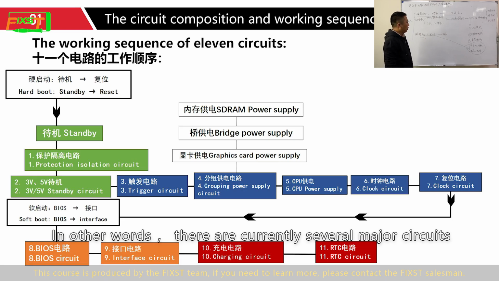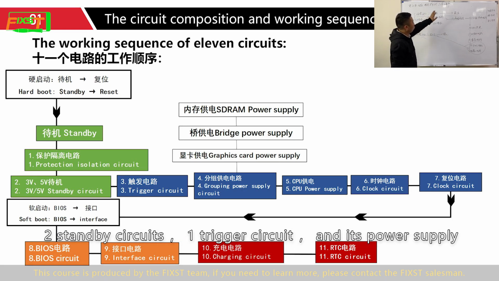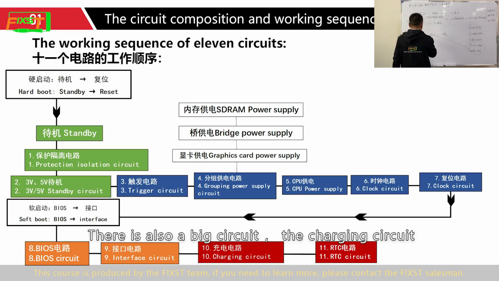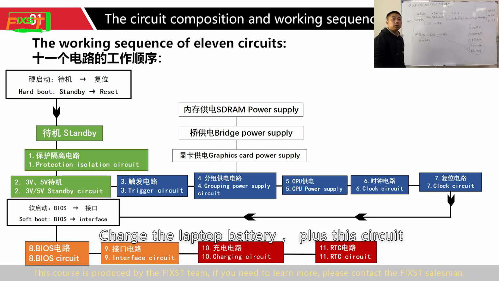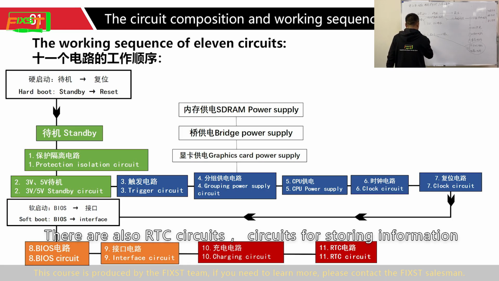In other words, there are currently several major circuits: 2 standby circuits, 1 trigger circuit, and the power supply circuits. There is also a big circuit, the charging circuit, which charges the laptop battery. There are also RTC circuits, circuits for storing information.